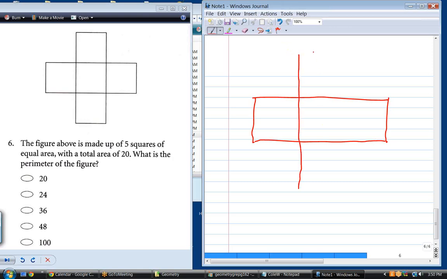Perimeter is like circumference for a circle. We know that the total area of all 5 squares is 20. Our goal is to figure out what x is. Once we figure out what x is, then we'll be able to figure out what the perimeter of this figure is.